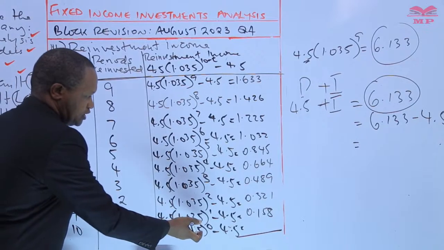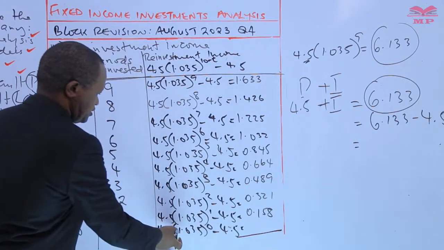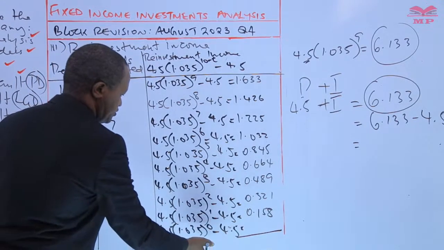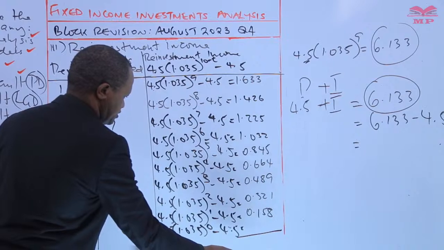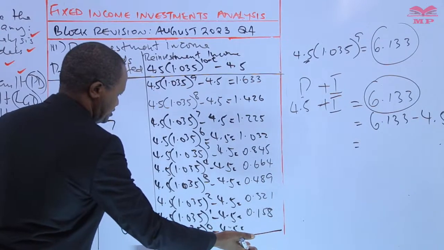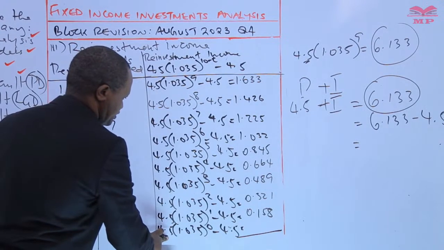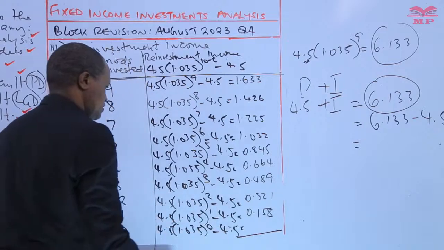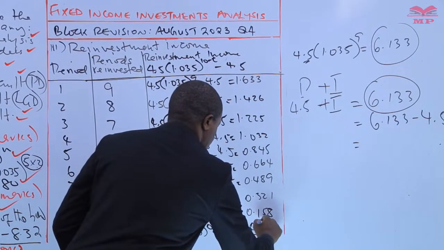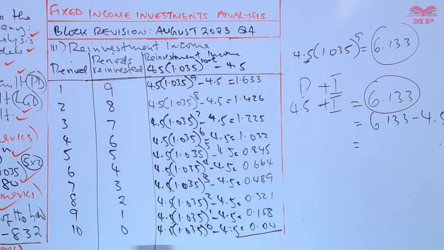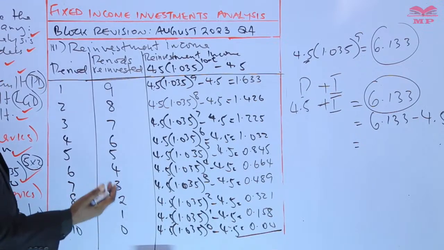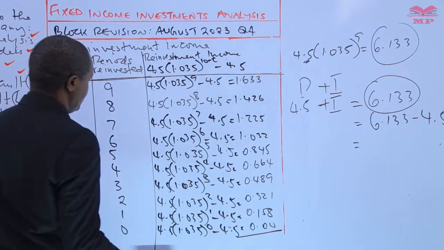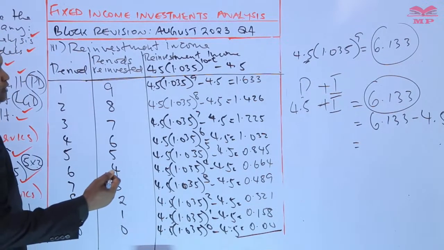This one we don't need to calculate because any number raised to 0 is 1. So 1 times 4.5 minus 4.5 is equal to 0.00, meaning that there was no investment income at the end of the maturity period.